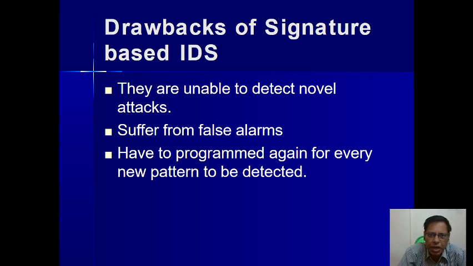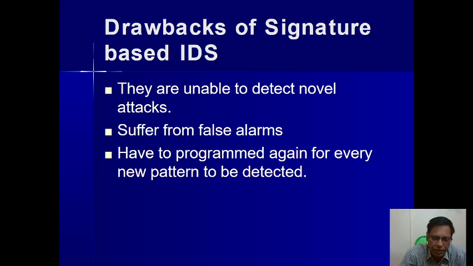The drawbacks of signature based IDS are that they are unable to detect novel attacks, suffer from false alarms, and have to be programmed again for every new pattern to be detected. This is a common problem: it is unable to detect novel attacks, and it also suffers from false alarms.